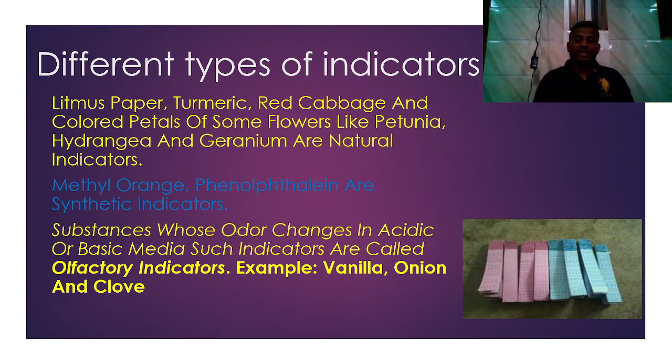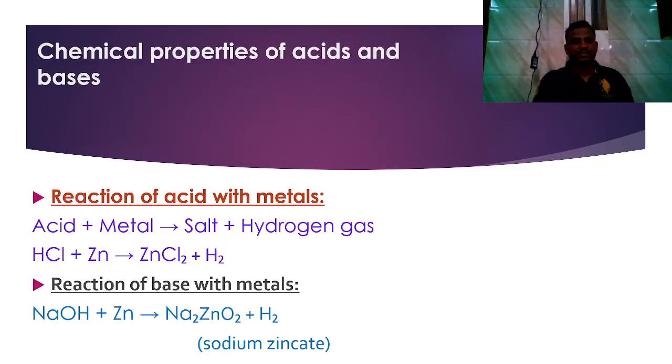In the picture we see the red litmus paper and the blue litmus paper, which we use to identify whether a substance is acidic or basic. If we come to the chemical properties of acids and bases, a very important point of this chapter is the reaction of acid with metal. When acid reacts with metal, what will happen?